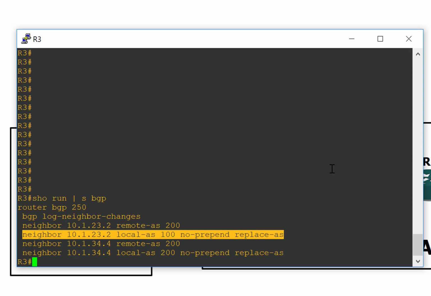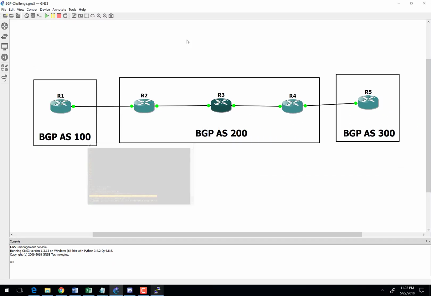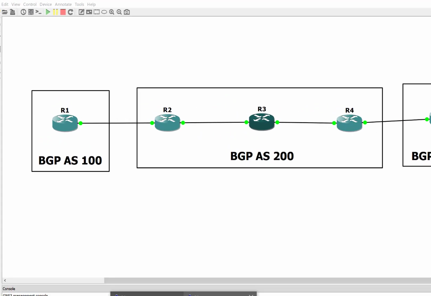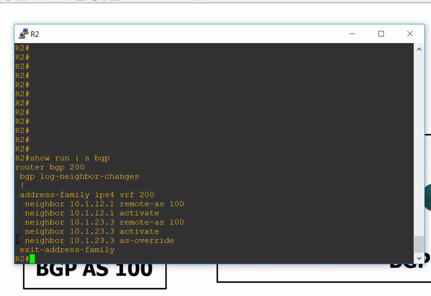So in this case, router 2 thinks router 3 is 100, and router 3 is saying, I'm 250, but I'm going to pretend that I'm 100 for you. What that enables router 2 to do is see that router 3 is the same AS as the prefix it's advertising, so it can effectively do the AS override function, which is the command here on router 2, AS override.